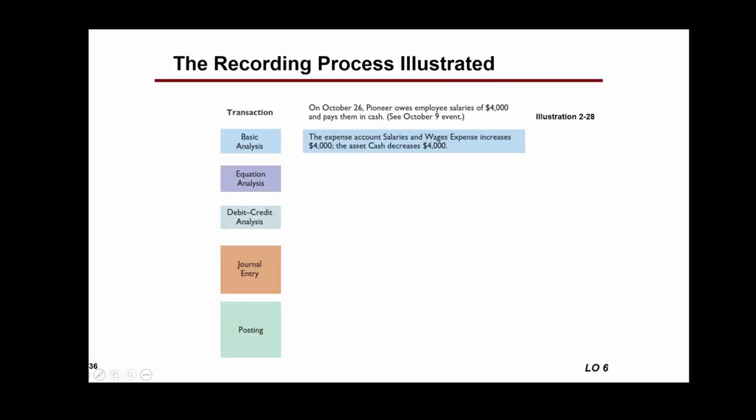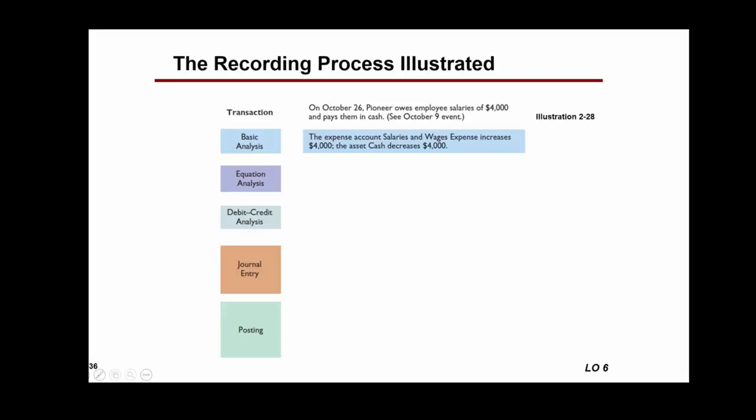Now, because it's going to be in the next month, the company will have to make some adjustments. By the end of the month, they're not going to send me the check. But by the end of the month, they will have to recognize their debts. I don't want to get too much into detail about this topic at this point because we will cover that in a lot of detail in the future.